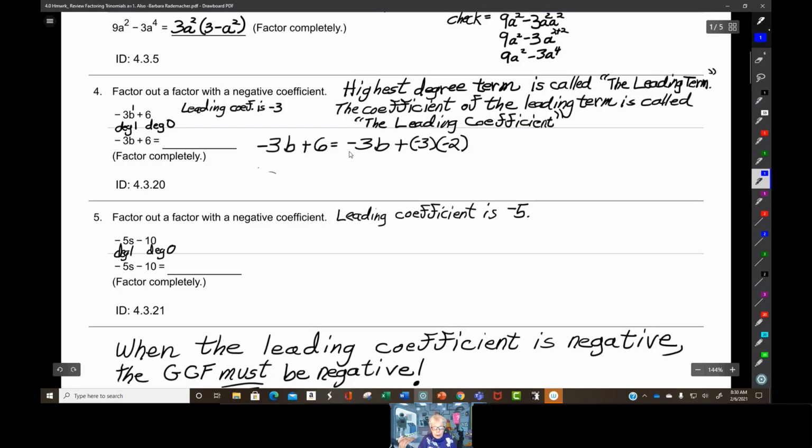Now I can look at term 1 and term 2 and say, aha! Both of these terms contain a negative 3.